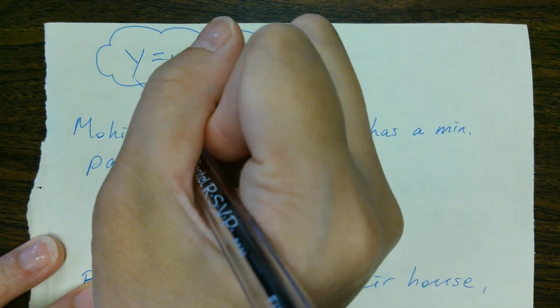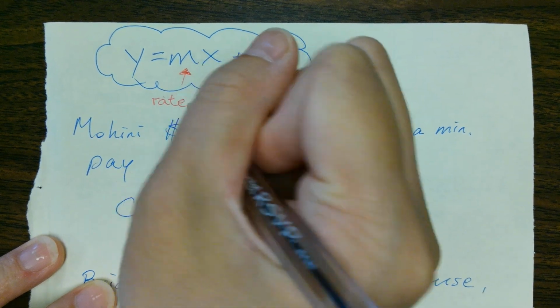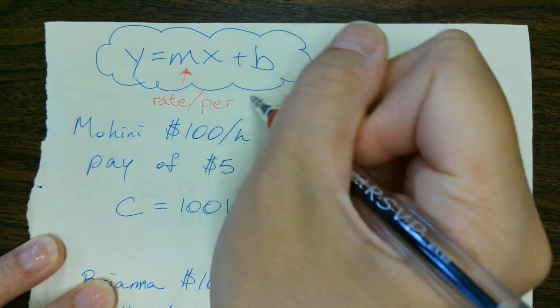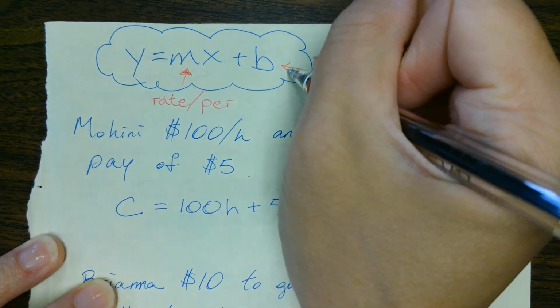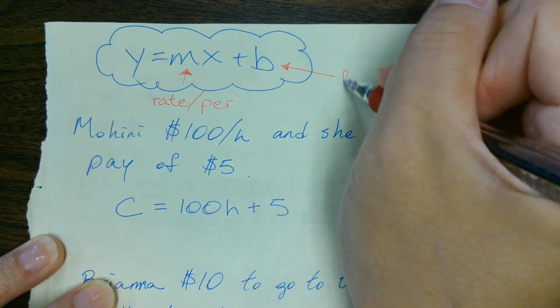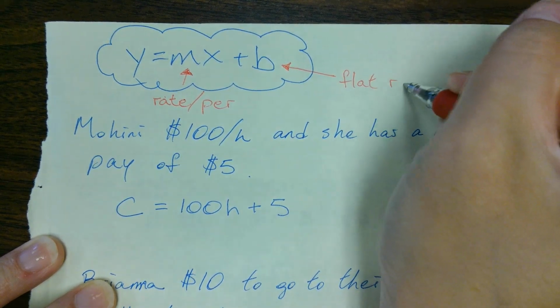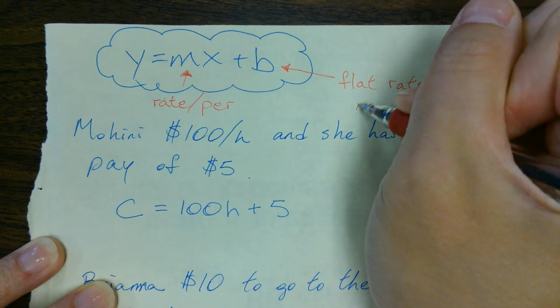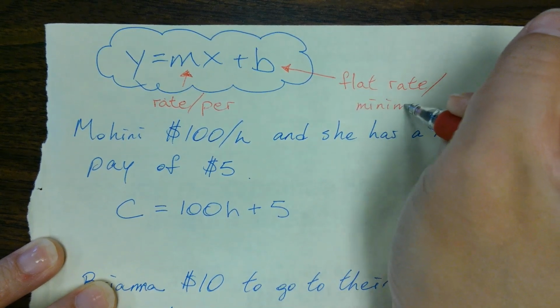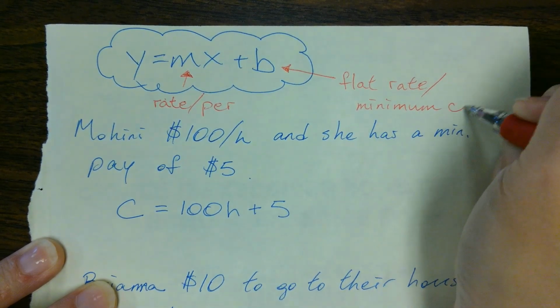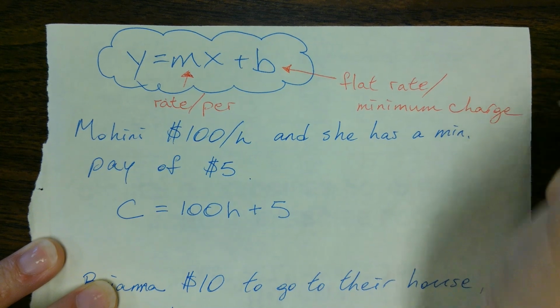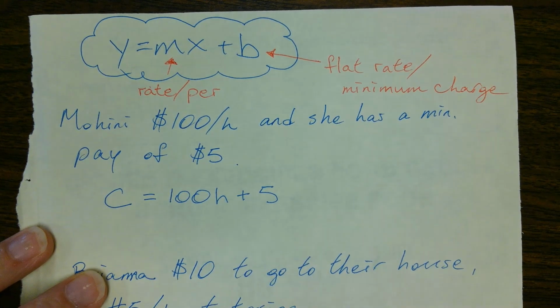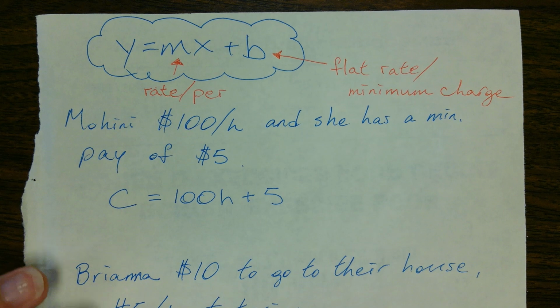This is your rate of change, your per. And then the plus b, this is your flat rate, your minimum charge. Okay, so keep that in mind. That's how you set up your equations.